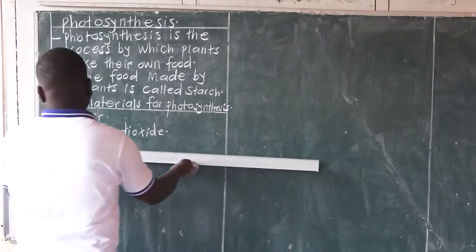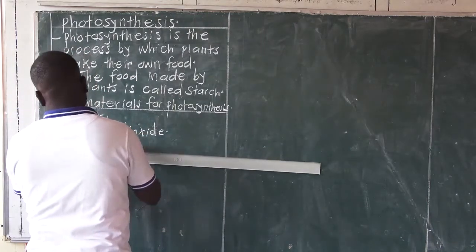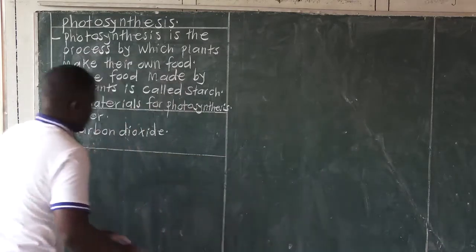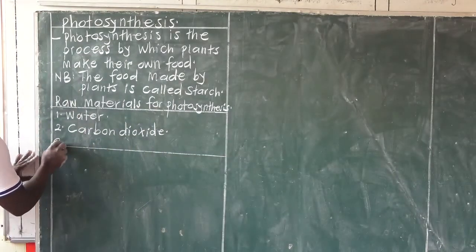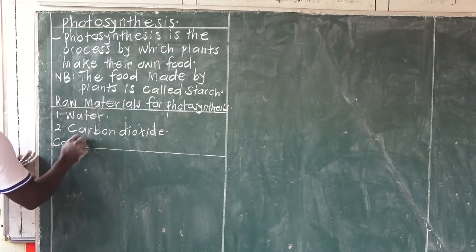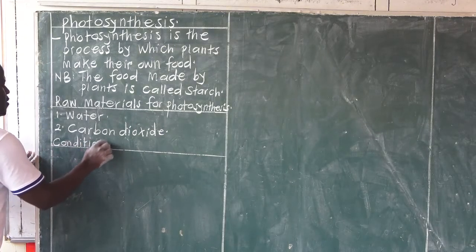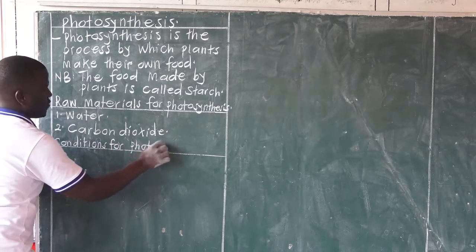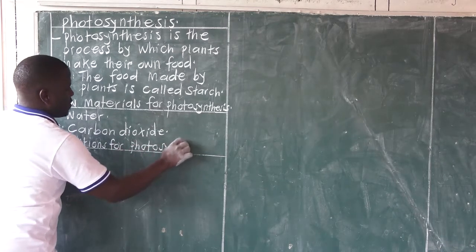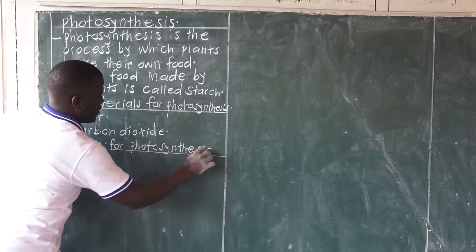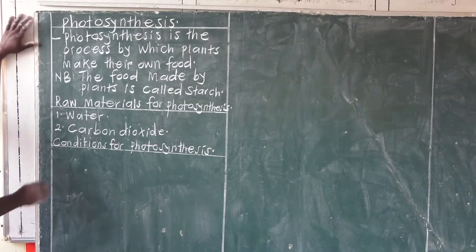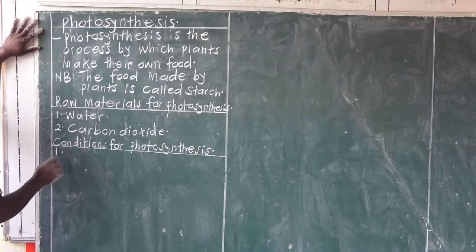Then we have what we call conditions for photosynthesis. We have four conditions.